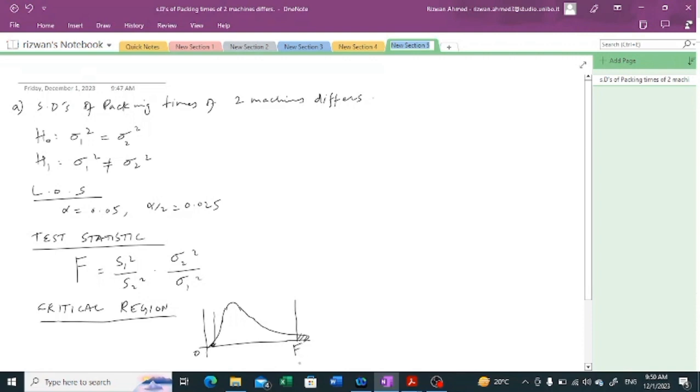F 0.025, 9, 9, and the lower bound we indicate as F 0.975. So what we need to do is look at the value of F 0.025.